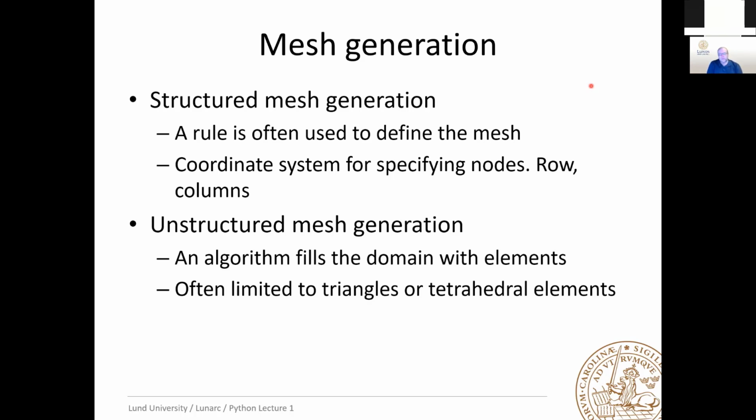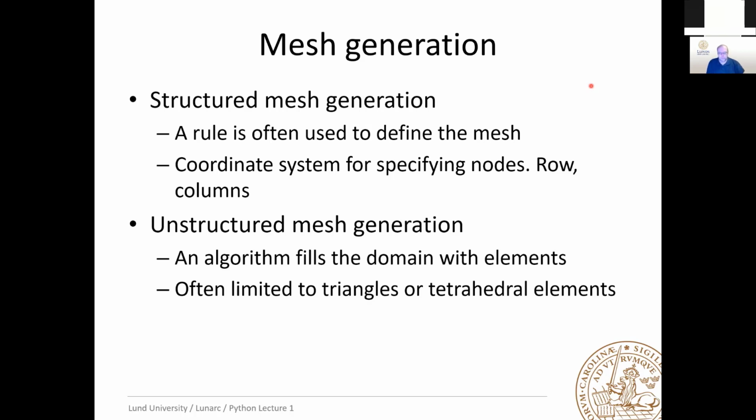The second strategy you can use is unstructured mesh generation. Then you have a specific algorithm that fills your domain with elements. Essentially you have your geometry, and then you have an algorithm that, using a specific kind of strategy, fills the domain with elements. Usually these algorithms are limited to triangles or tetrahedral elements.